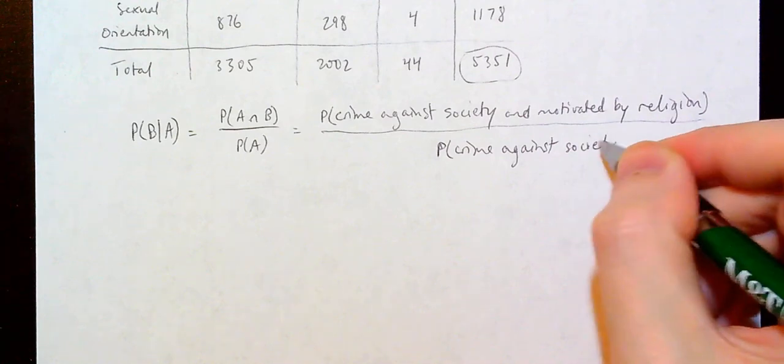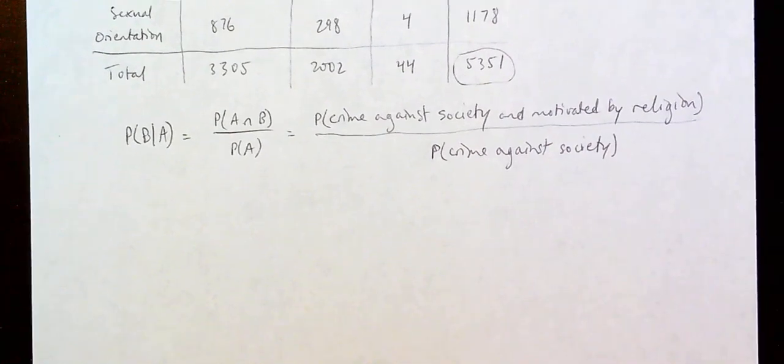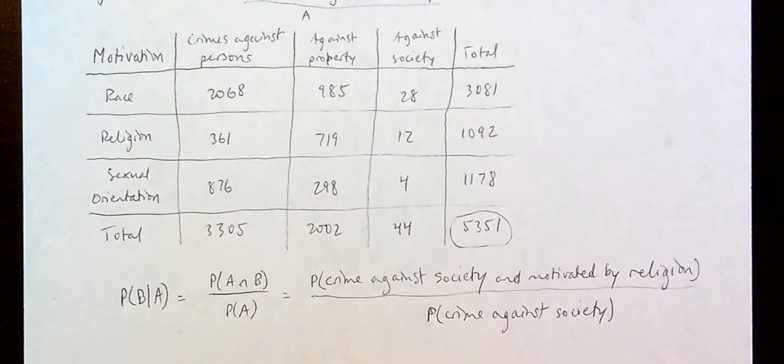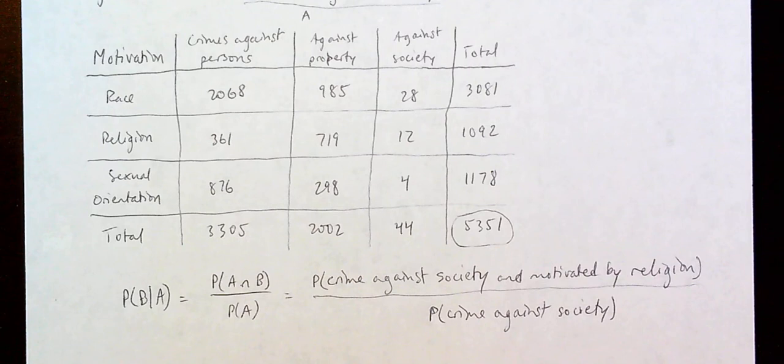Crime against society there. So now let's use our table here and come up with these individual probabilities. What's the probability that we had a crime against society and it was motivated by religion?